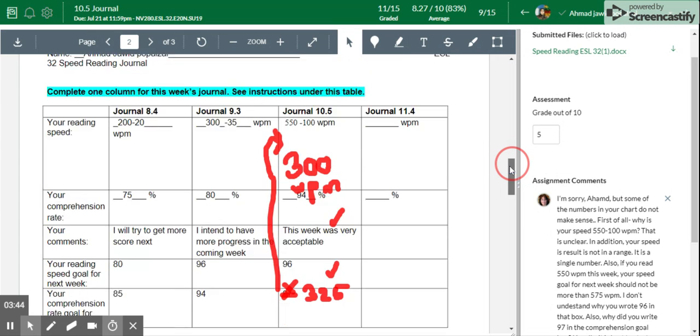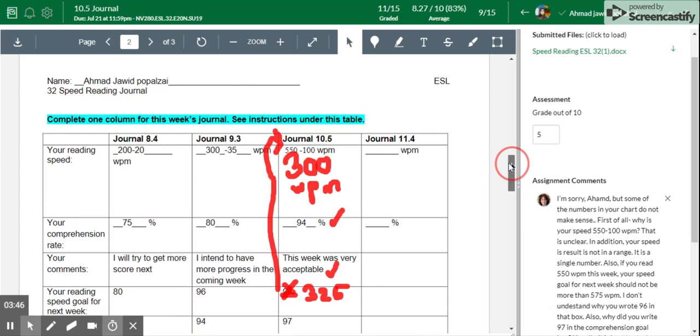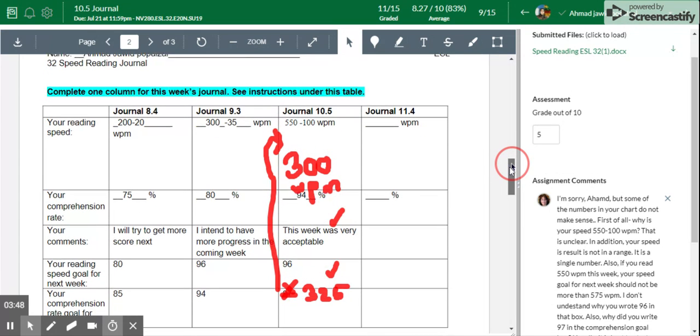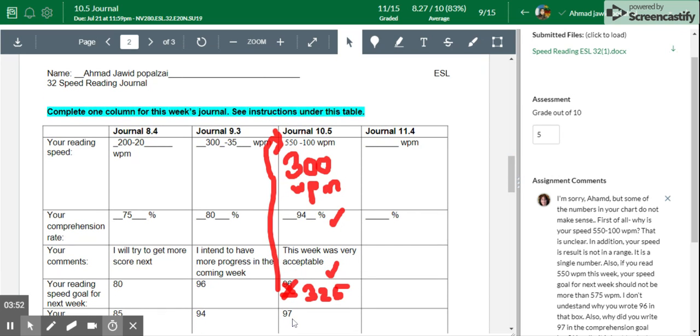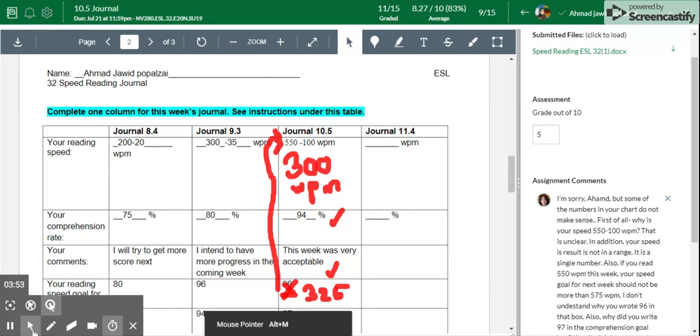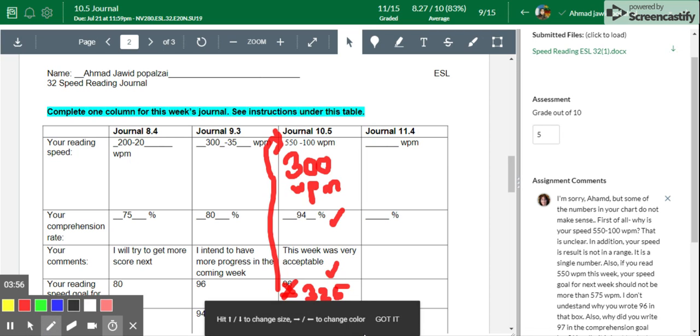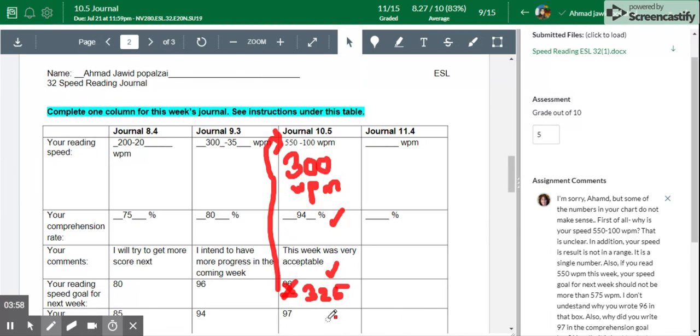All right, and then oops, it's not letting me do that. Okay, and then my comprehension goal could be 97%, but since I'm reading faster, maybe I want to be a little conservative. I hope I can pass at 80%. Okay, and so this should be written in a percentage, and this should be written as a WPM.